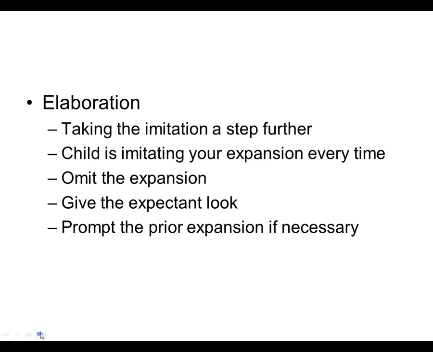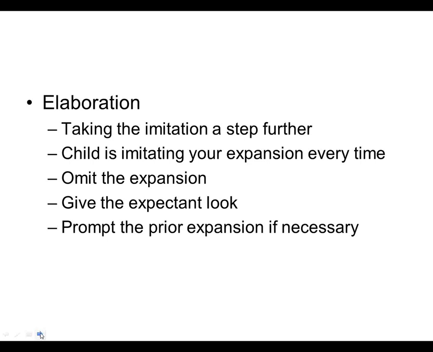So what we do is we take that imitation and start to omit the expansion. The child says "buh" for ball, and instead of modeling "ball," we just give them that expectant look to let them know, not "buh," what else, but without saying anything. And then they'll remember, oh yeah, because you don't do this until they're consistently imitating your expansion.